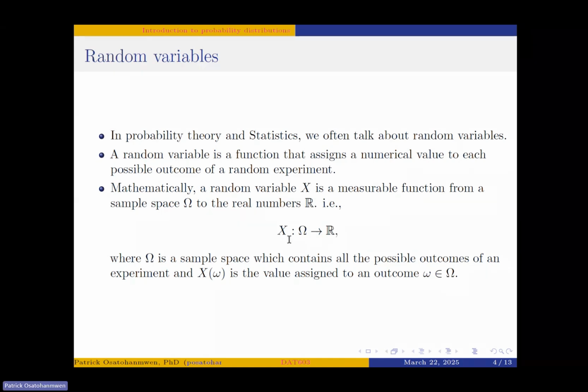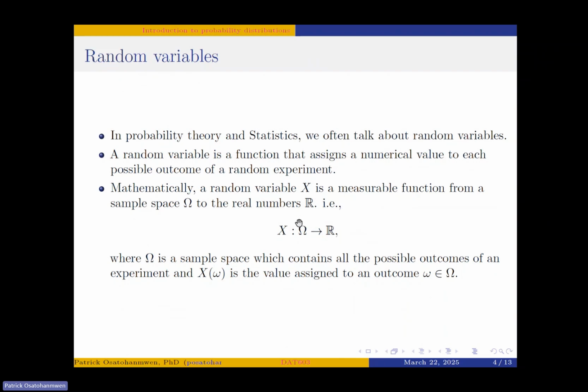X is a random variable that talks about the possibility of obtaining a head when we toss a coin. In the entire sample space for that experiment, the outcomes are either a head or a tail. The random variable, as a function, assigns a value to each outcome.